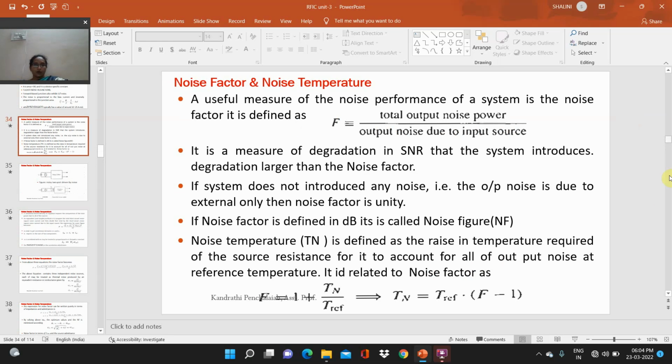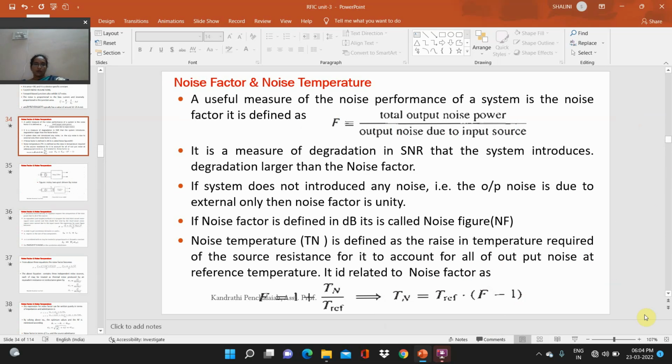Noise factor and noise temperature. So, what is noise factor and noise temperature? A useful measure of the noise performance of a system is the noise factor. It is defined as F is equal to total output noise power by output noise due to input source.